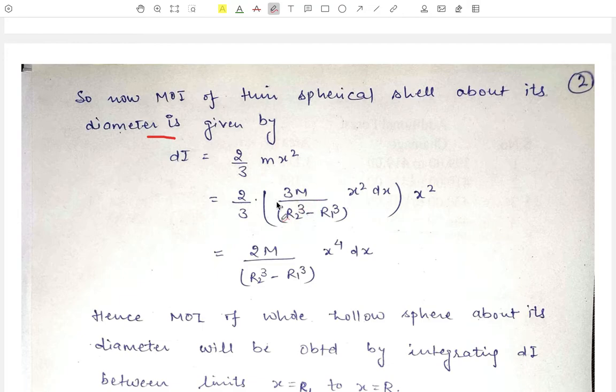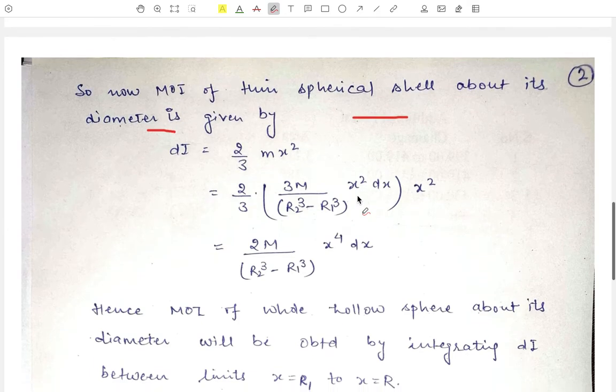Upon simplification, the 3 cancels out, and we have 2m upon (r2³ − r1³) into x⁴ dx. This is the moment of inertia of this thin spherical shell about any of its diameter.